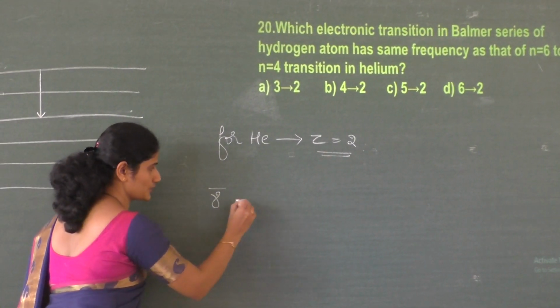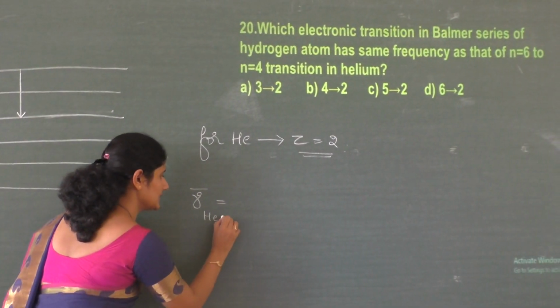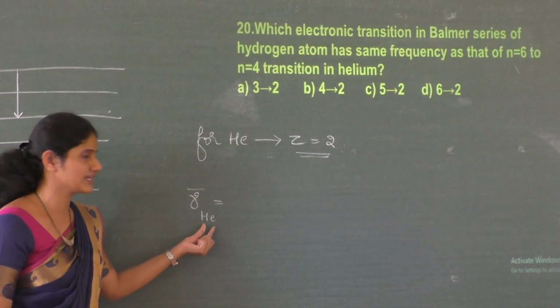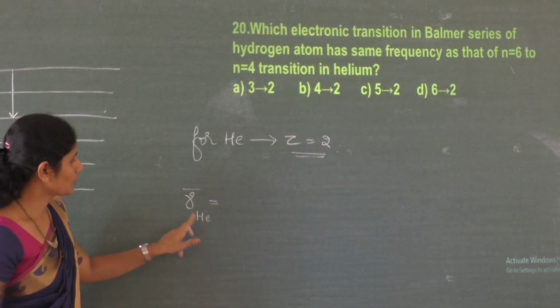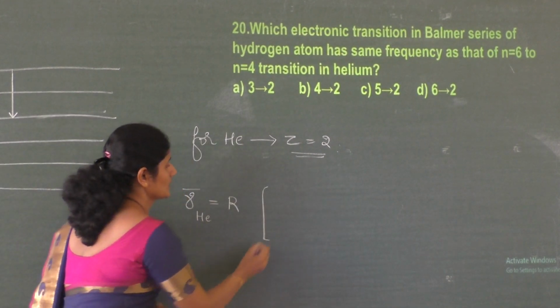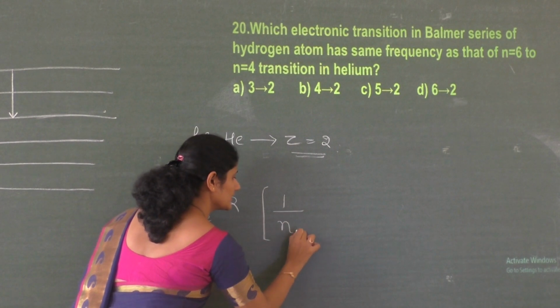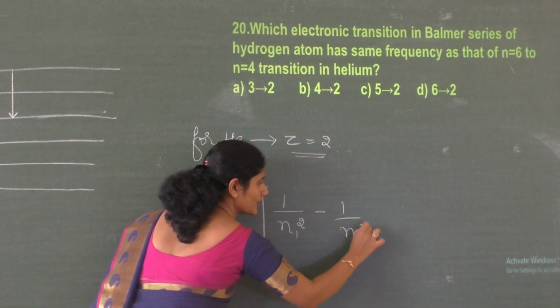Nu bar for helium (He indicates helium) is R into 1 by n1 square minus 1 by n2 square.